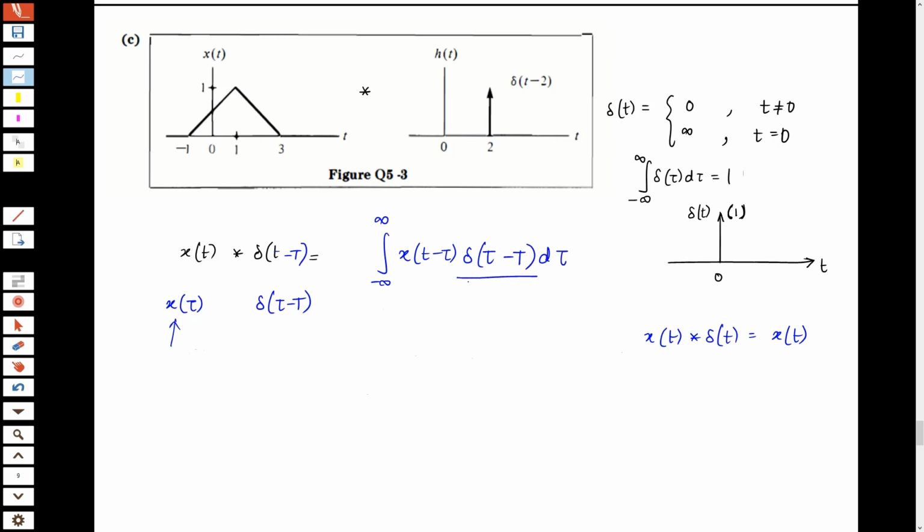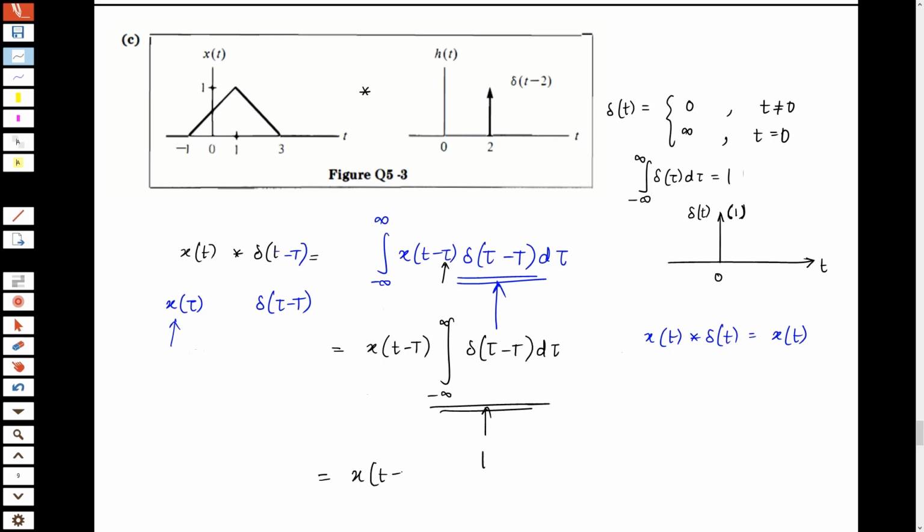Now obviously this function is 0 everywhere else other than tau equal to T, right? So this product will be non-zero only at capital T, and that means I could have just taken this x, plugging in tau equal to capital T, I could have just taken this out, because at that infinitesimally small value of tau, this is like a constant, and we know that this is equal to 1.